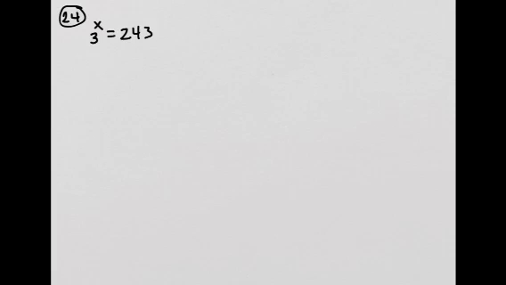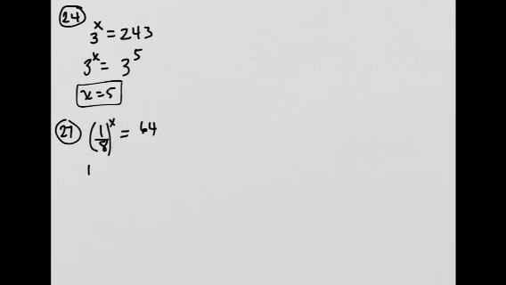So for 24, we see whether we can write 243 with a base 3, and we could. So 3 to the x equals 3 to the 5th. So with that, we see that x is 5.